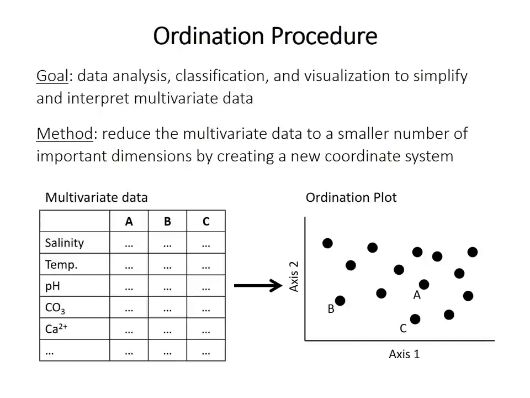This allows us to focus on a reduced number of important dimensions. Those dimensions are synthetic variables, and they represent linear combinations of the original variables. So in this example here, axis 1 corresponds largely to changes in pH and bicarbonate. I'll explain what these arrows mean towards the end.